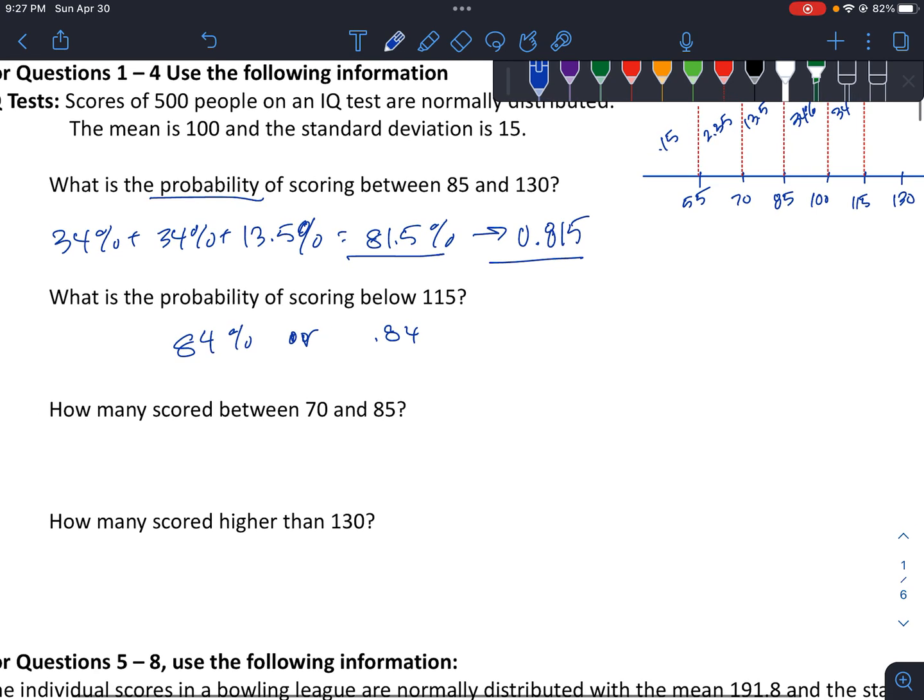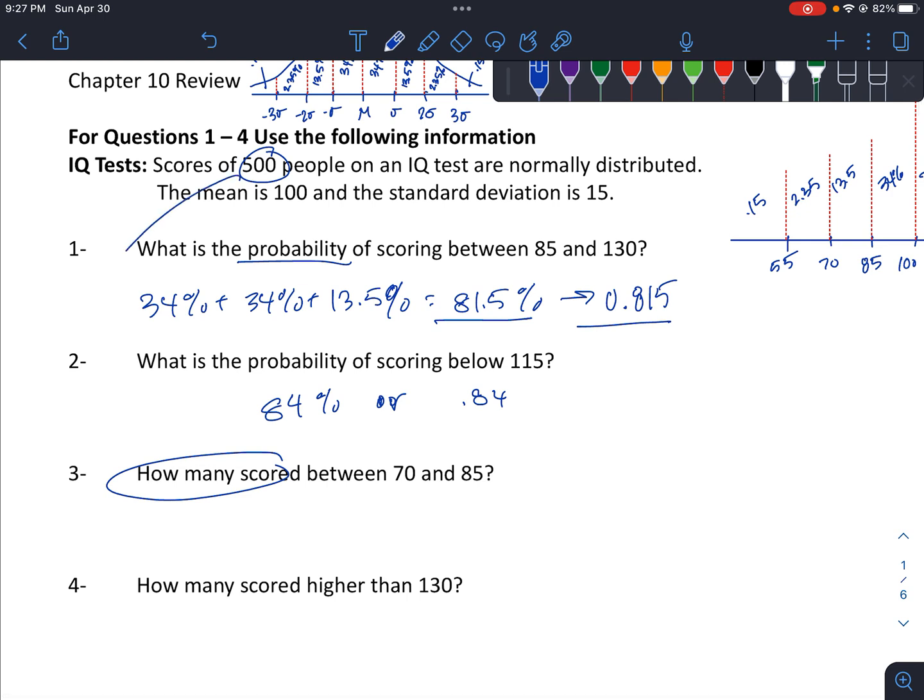Okay, how many? Notice that this is not a difference, and we're not talking about probability or percentage. We're saying how many of this 500. Not everybody of this 500 scored between 70 and 85, so whatever number I give has to be lower than 500.